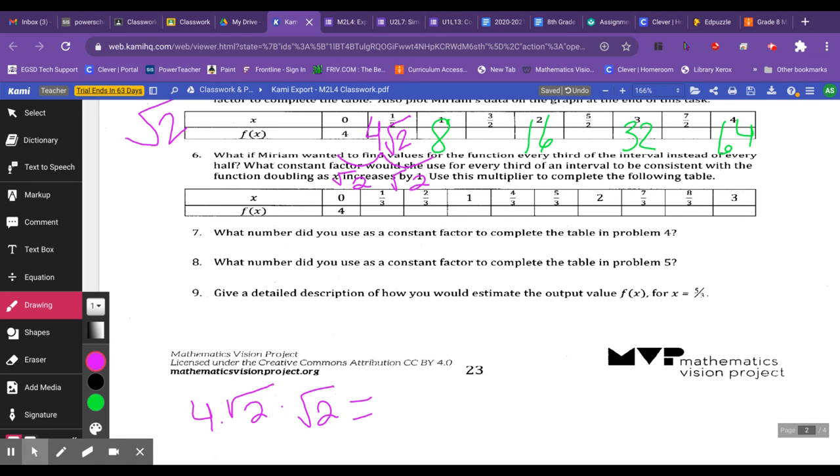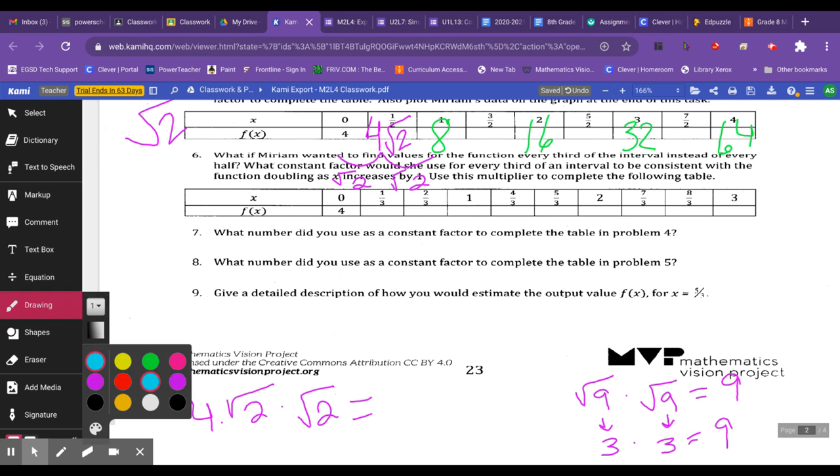Well, 2 square roots, how do I even multiply those together? Let's take a number we know. Square root of 9 times the square root of 9. Well, the square root of 9 is 3, times the square root of 9 is 3. 3 times 3 is 9. So basically, when you multiply 2 square roots together, you have just now canceled out the root, and it's the number underneath that is your answer.